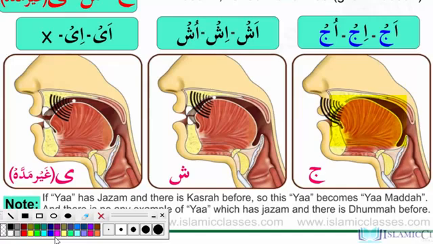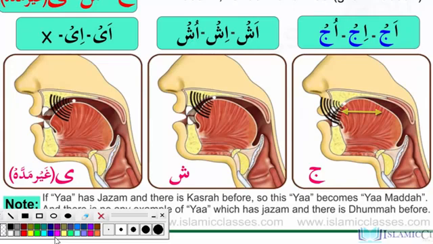This complete place is the tongue, and this is the middle of the tongue. You start from this place to this place. This area of the tongue is called the middle of the tongue.